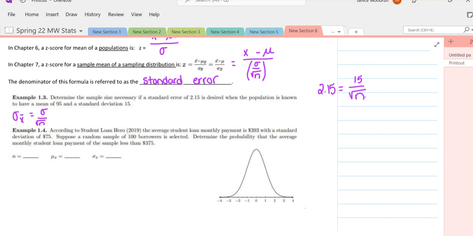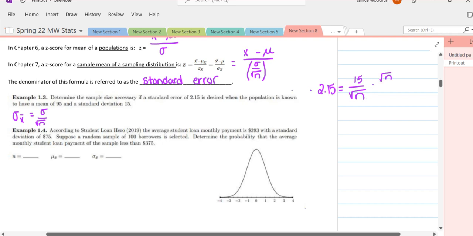Now what I'm going to want to do is multiply both sides by the square root of n. They're going to cancel over here. I have the square root of n times 2.15 equals 15. I'm going to divide that 2.15 out. They're going to cancel over here. I'm going to get the square root of n equals 15 over 2.15.